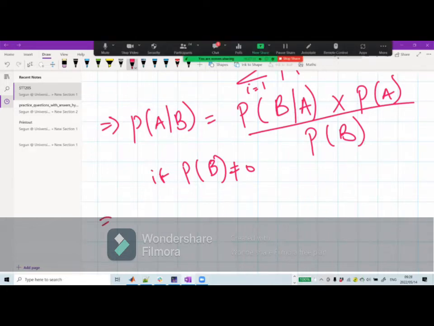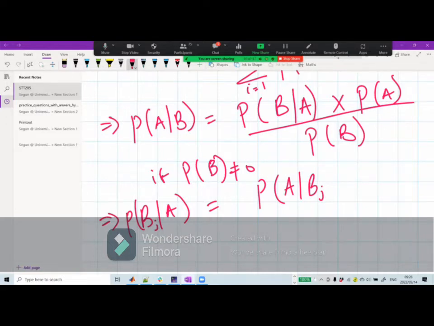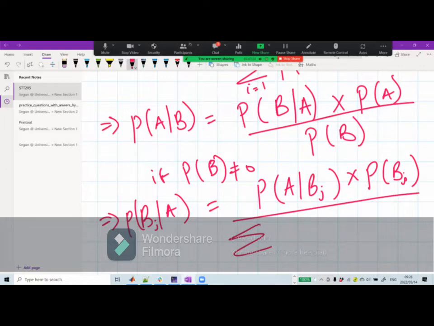So we can now say that in this context, if I have probability of B given A, it's so simple: it's the probability of A given Bj, let's say j, multiplied by probability of Bj, divided by the summation of probability of A given Bj, everything multiplied by probability of Bj.